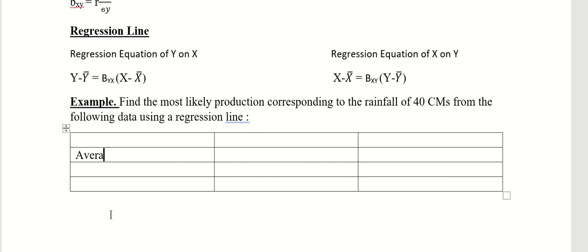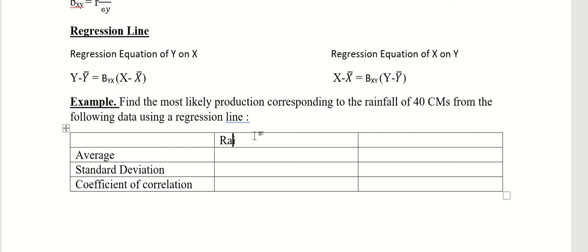First is average, standard deviation, and third is coefficient of correlation. These values we are given.